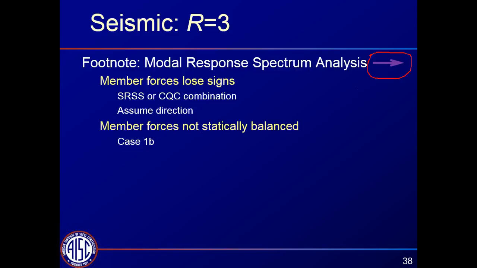So for the case 1, where I said it's pretty simple, you just apply your lateral forces and design your connection, there might be a slight adjustment required. So in this case, I'm suggesting we adjust the collector forces to reach static equilibrium. And then for case 2, we adjust the brace forces as before.